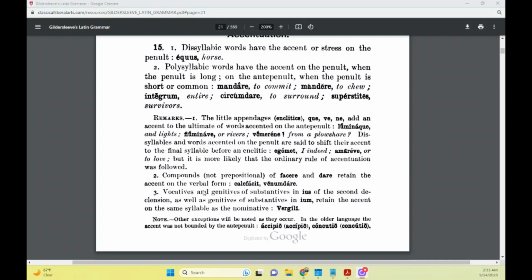Now, there's no way for you to understand this because you haven't even studied cases yet, but notice that it's talking about substantives that end in ius and substantives that end in ium. So the only time you would need to think about this is if you actually run into a word that's a substantive that ends in ius, and you would remember that there was a note about that in the lesson on accent marks.